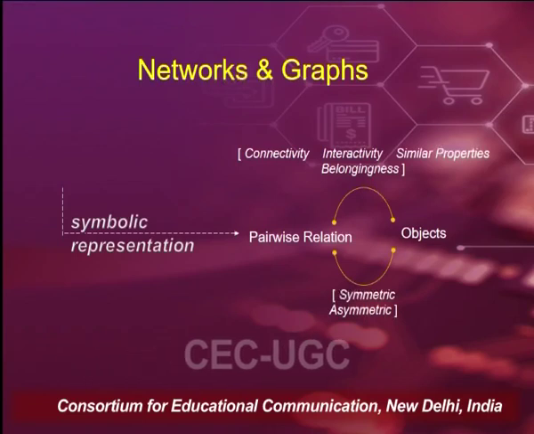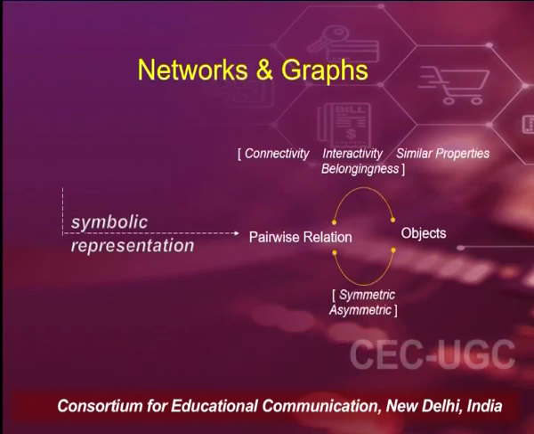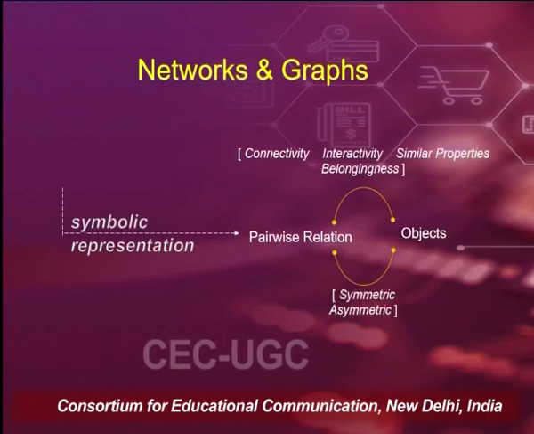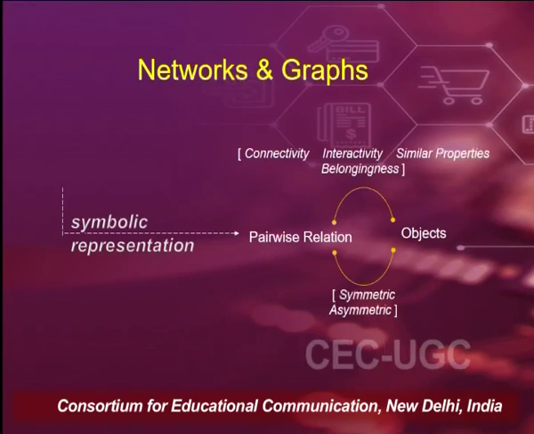If we take up a transportation network, then the places that are connected with each other through railways or airways will become the objects. Now if one object is connected to another and the other is not connected back to the first one, then it becomes an asymmetric structure. If there is a connection both ways, that is, the relation is bidirectional, then a symmetric structure of the network evolves.